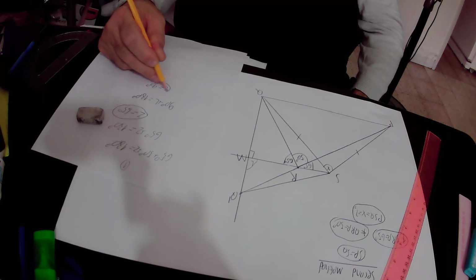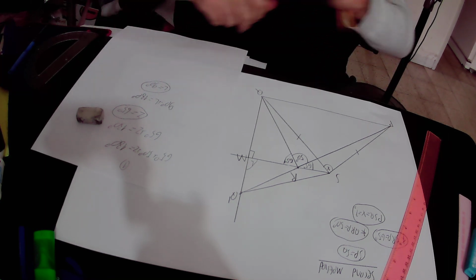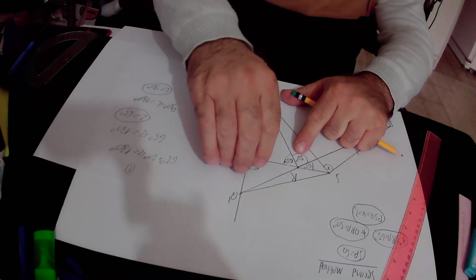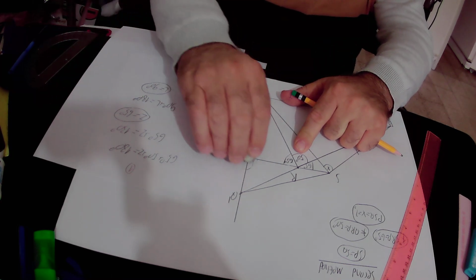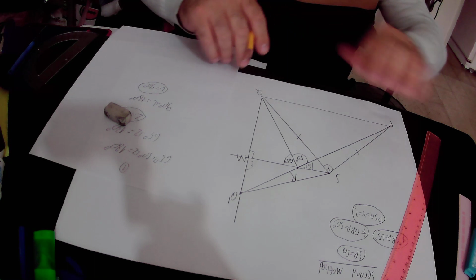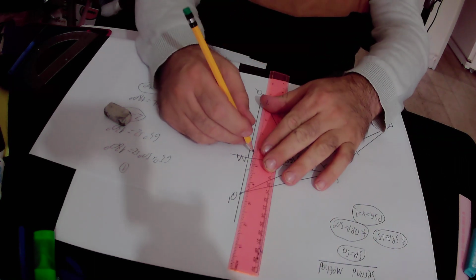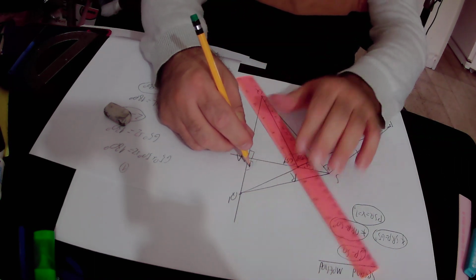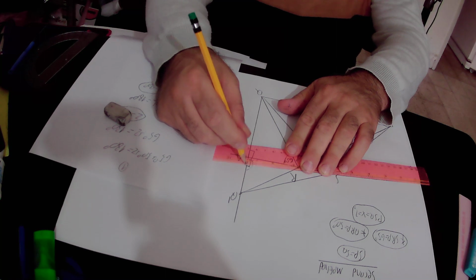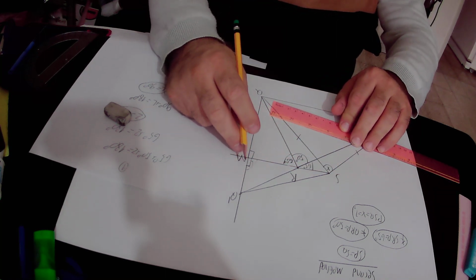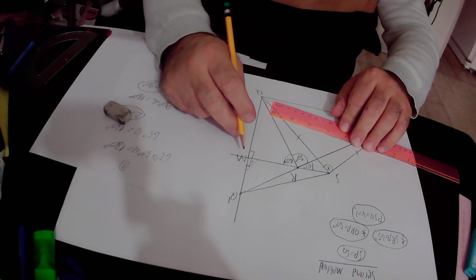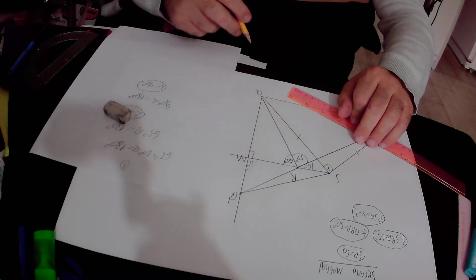So we found out that angle L is a right angle, that is to say it equals 90 degrees. Okay? So both those two angles are right angles and they are both equal to 90 degrees.